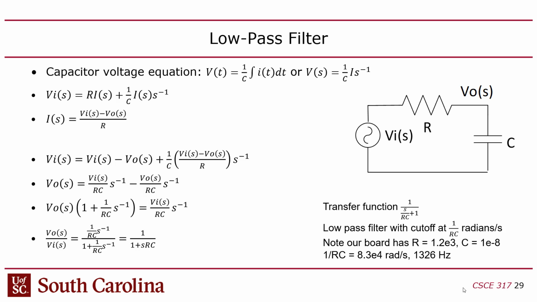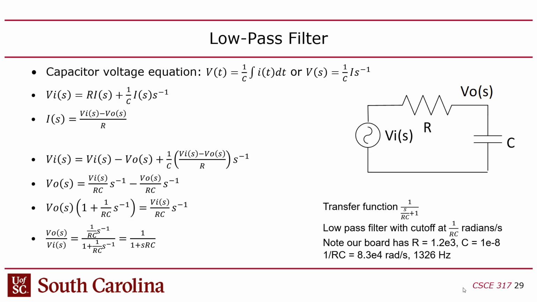And it turns out that anything that's 1 over something times S plus 1 is a passive low-pass filter with a cutoff frequency of whatever the coefficient of S is.